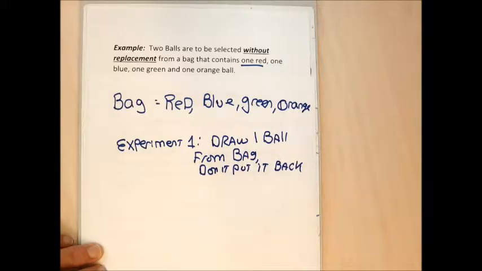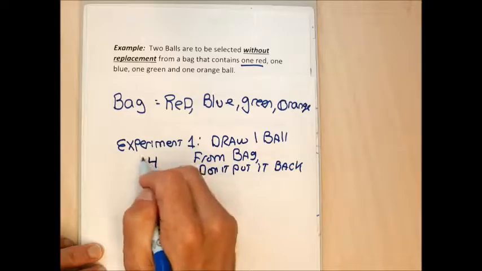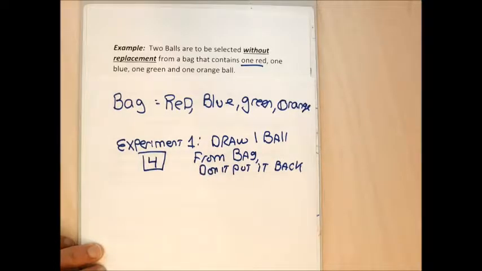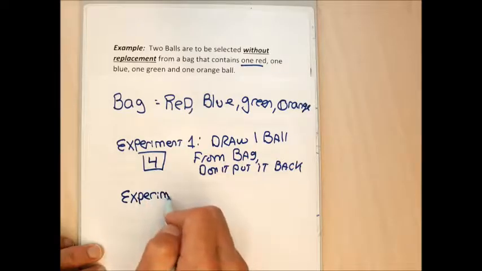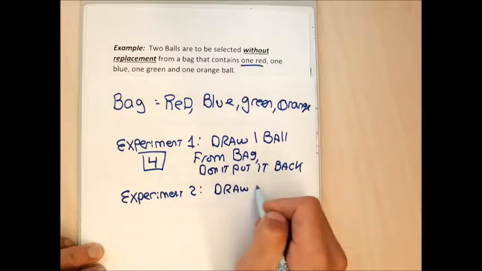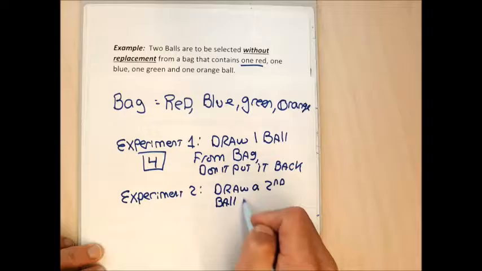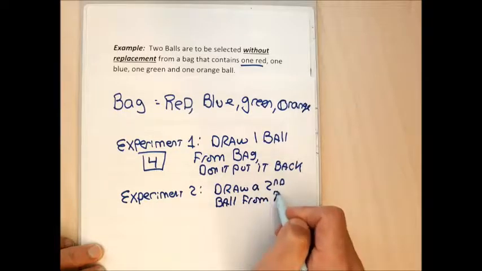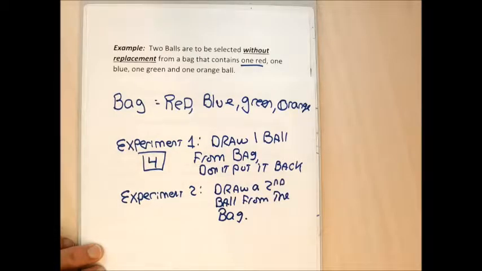So for experiment 1, there's 4 different balls I could get. So the number of outcomes for experiment 1 is going to be 4. Experiment 2 is going to be to draw a second ball from the bag, but I'm assuming that I'm doing it second, so already one of these balls is gone.